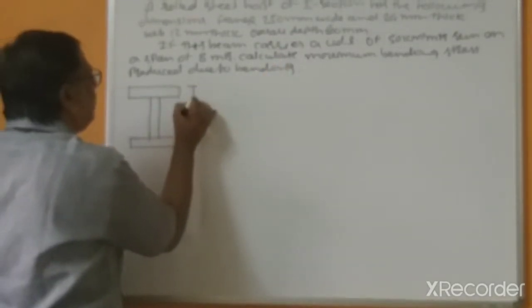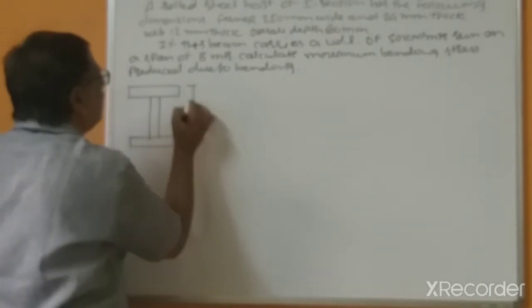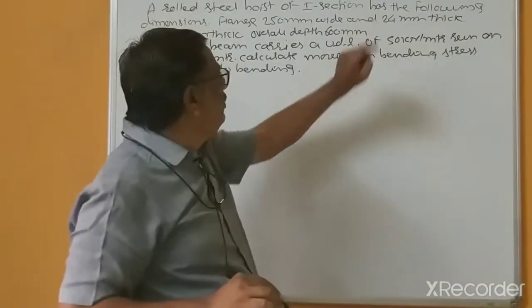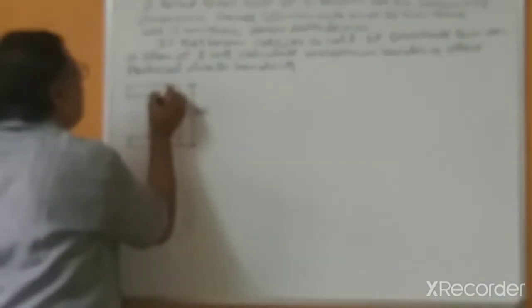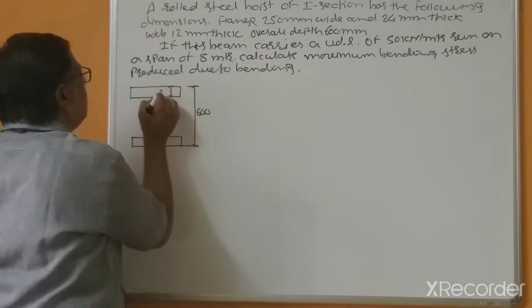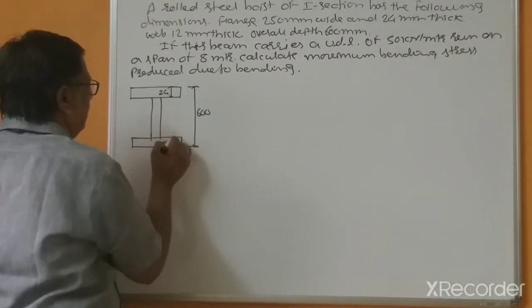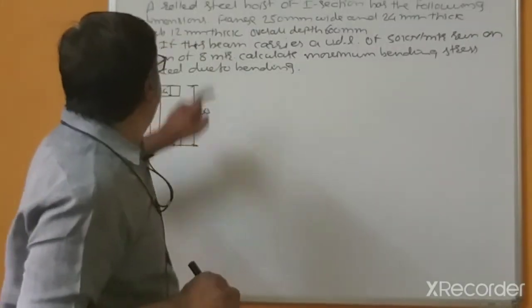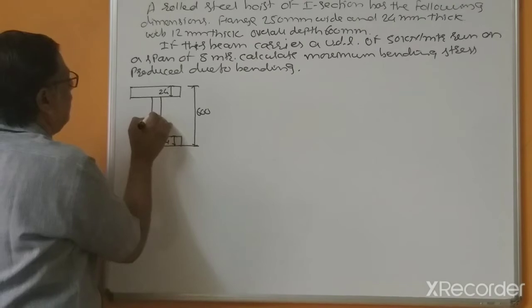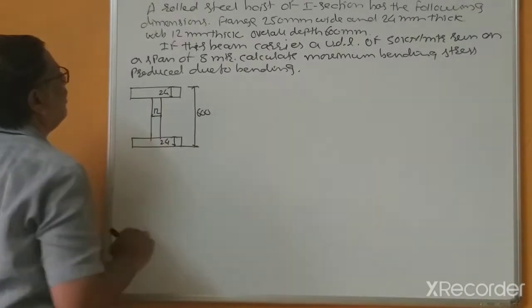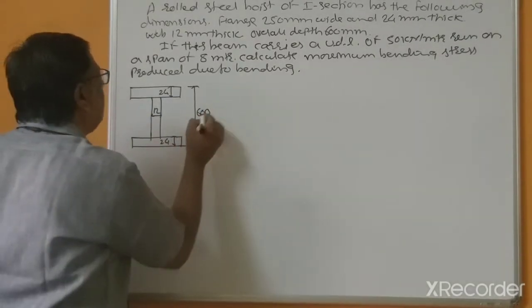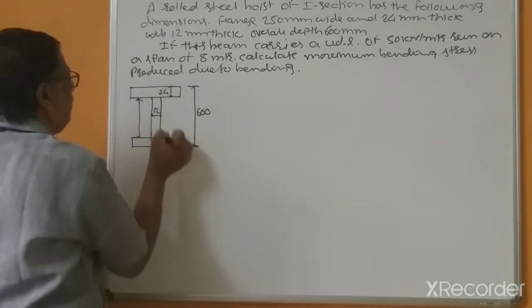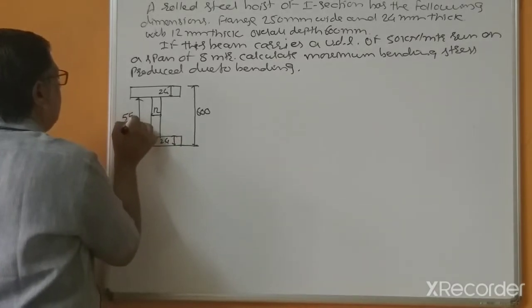Next, the flange is 24 mm thick, both flanges 24 mm thick. Now the middle part is called the web, and this is 12 mm thick. Overall is 600 mm, so the remaining is 600 minus 24, 24, so this is 552.